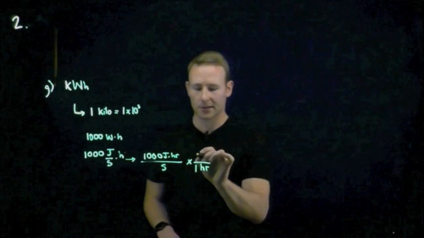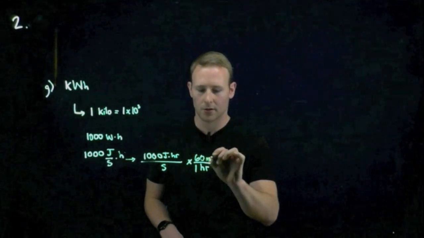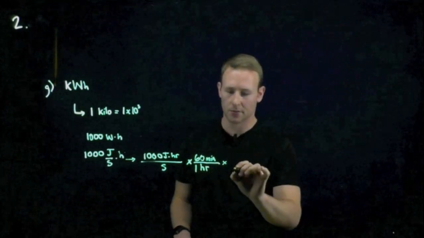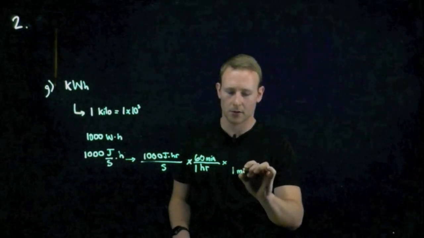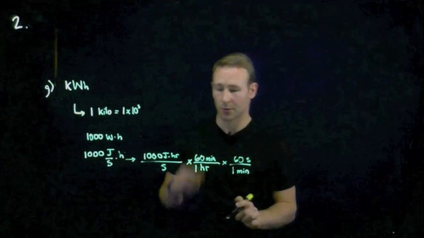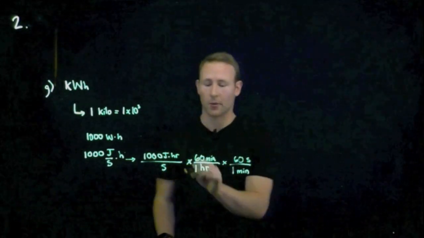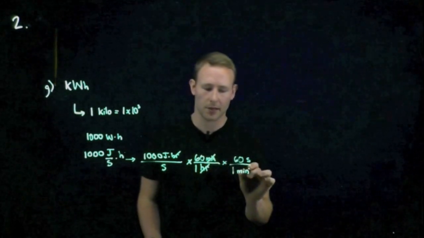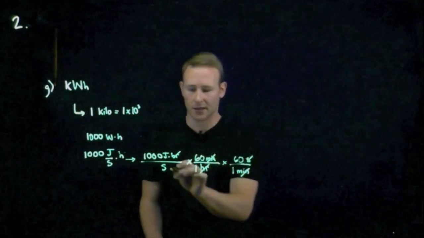So we can go to 60 minutes first. And we can multiply 60 minutes. We can say 1 minute is equal to 60 seconds. So we can see, if we look at our units, that we have 1 hour and 1 hour canceling. We have minute and minute, and we have seconds and seconds.